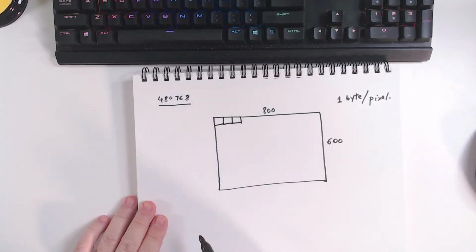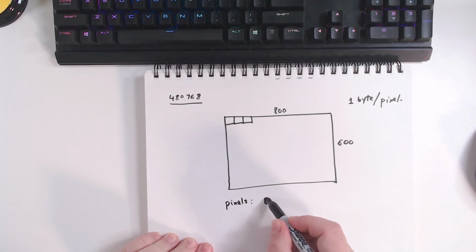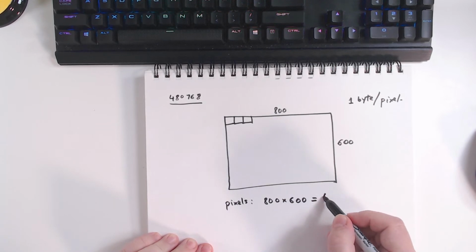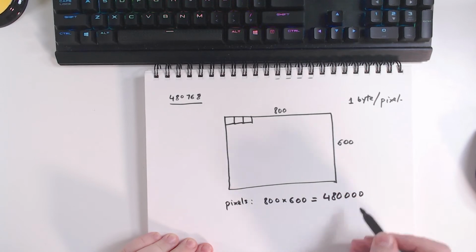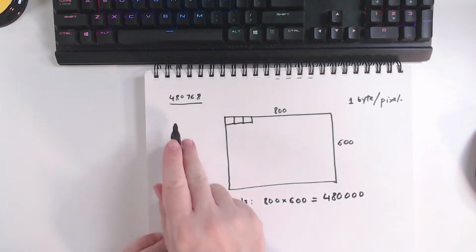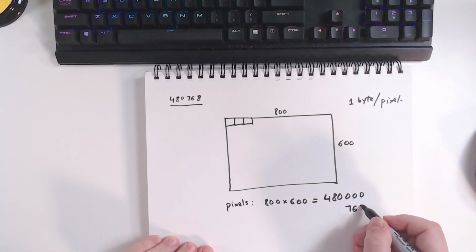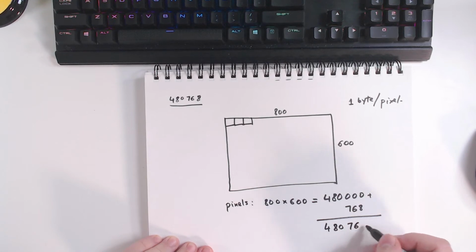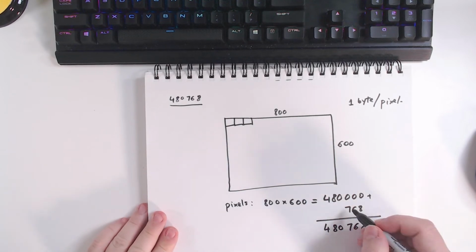So let's see how many pixels are in the image. 800 times 600 equals 480,000, right? Which is here exactly. But this is with an extra 768. So if we add this one, that will be 480,768, which is correct.